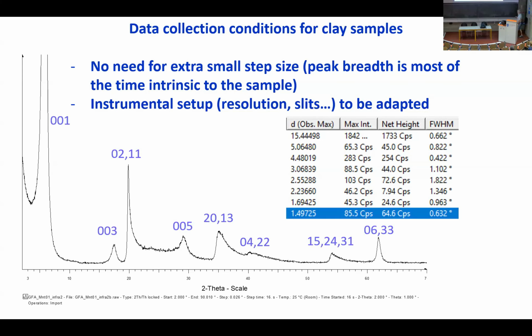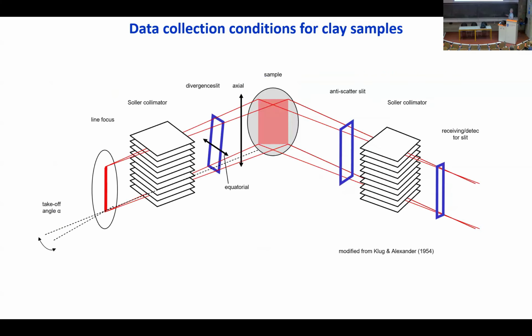But what you are doing when you are decreasing the opening of your slits is that you are allowing less and less beam to go through and to irradiate your sample, which means that on the other end here, you are recording less and less intensity.